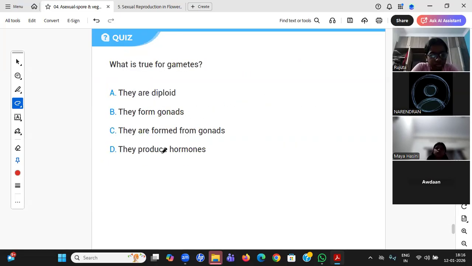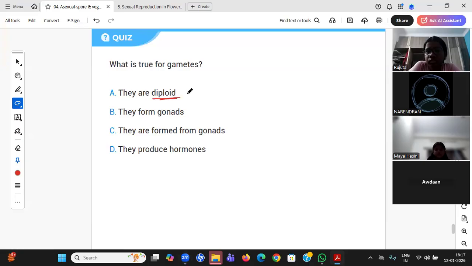What is true for gametes, reproductive cells, sex cells? All three are the same.